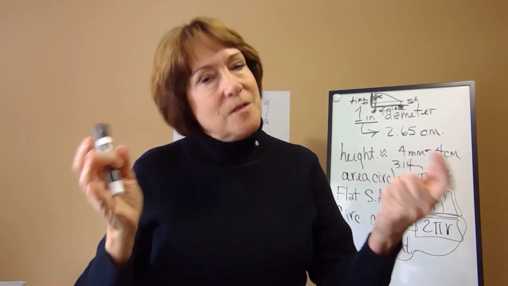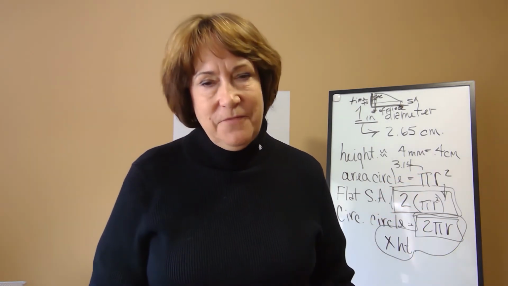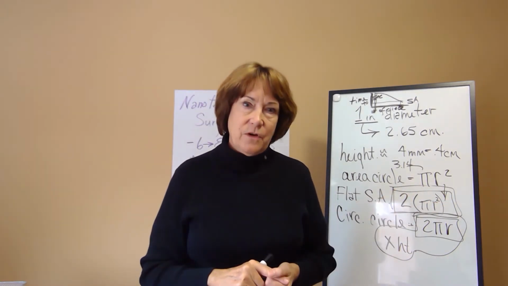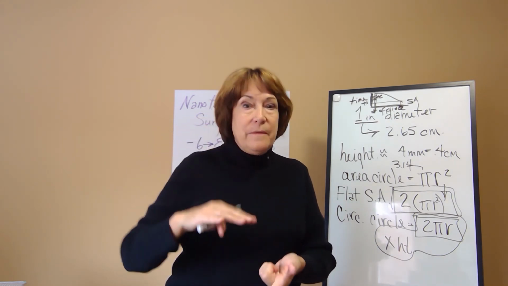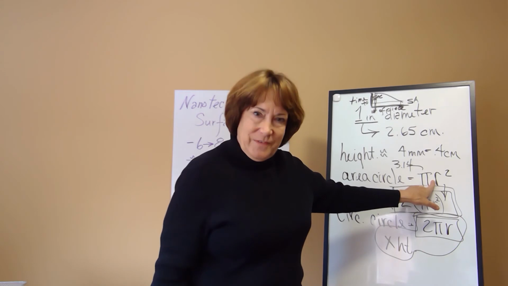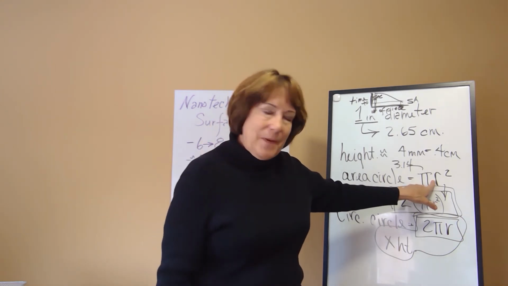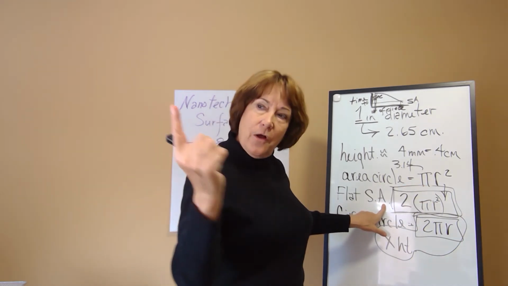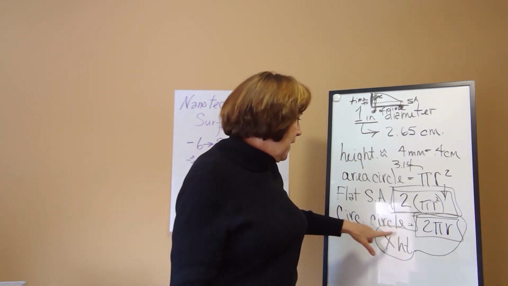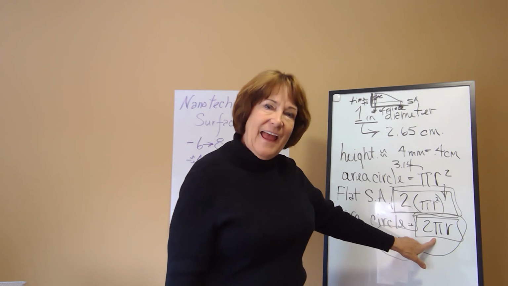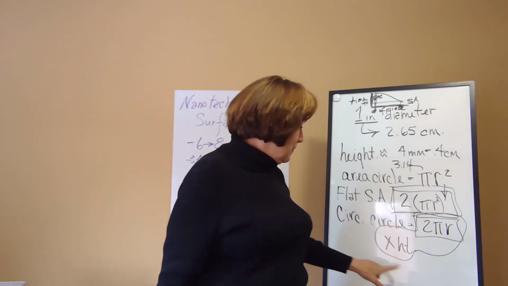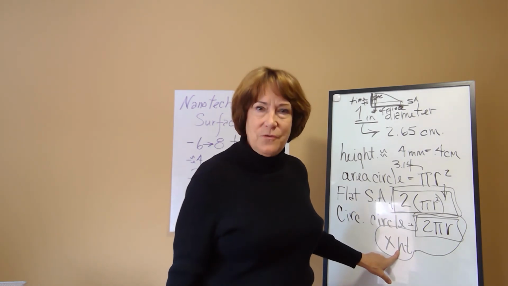So I wanted to mainly use this video to let you know about the method to calculate the surface area for your tablet. Top and bottom, 2 circles, pi r squared, times 2, one for the top and one for the bottom. And the circumference all the way around that tablet is 2 pi r, and you've got to multiply it by the height that you measured of your tablet.